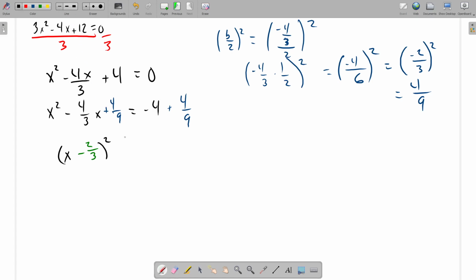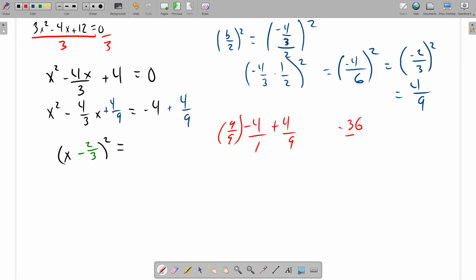And this is equal to negative 4 plus 4 over 9. So we need to turn this into a fraction with a denominator of 9 so that we can combine them. And we do that by multiplying the top and bottom by 9.